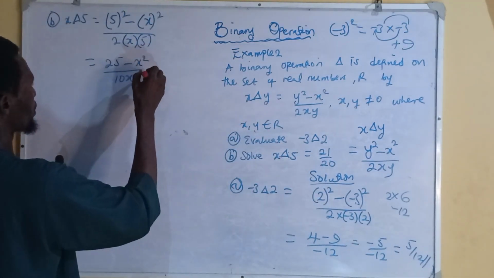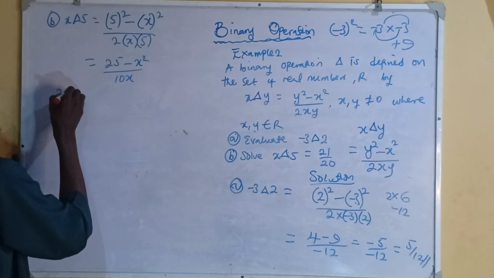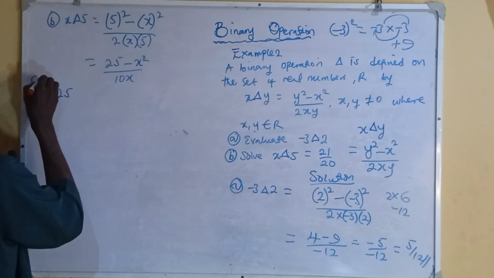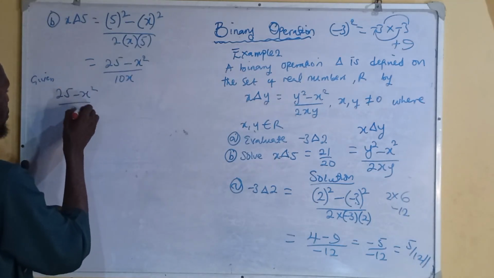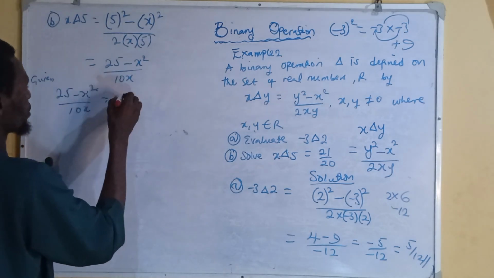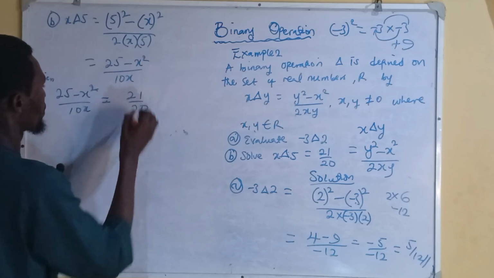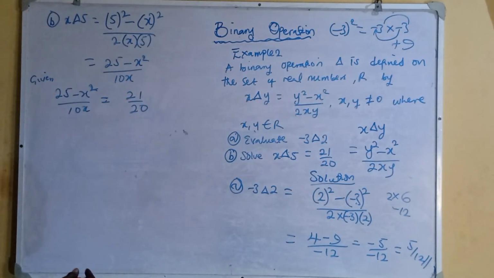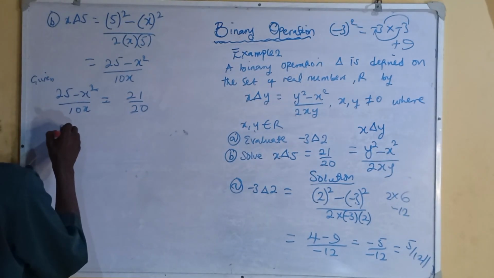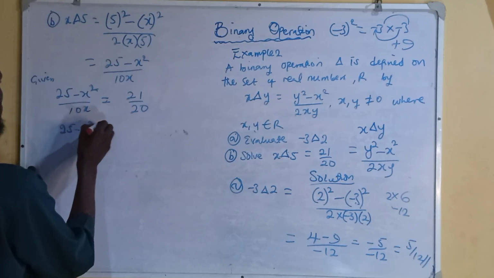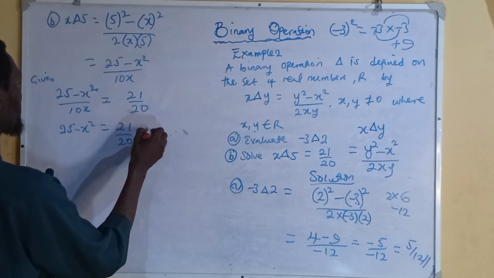So given that the combination equals 21 over 20, we can now solve it from there. Let's take this one to this side. So you have 25 minus x squared equals 21 over 20 times 10x.